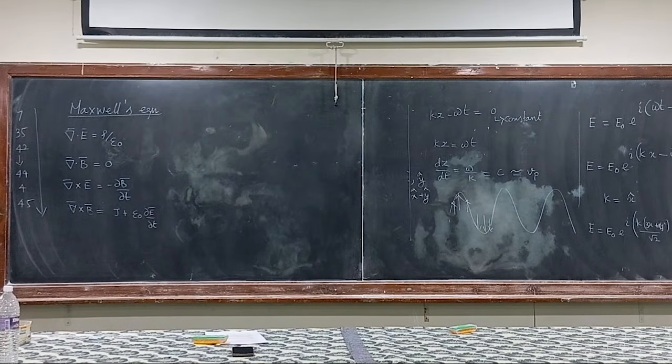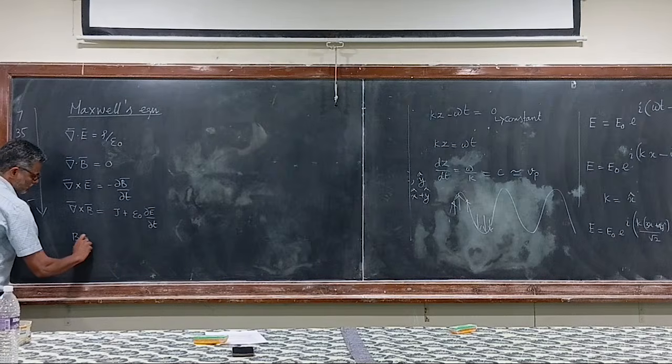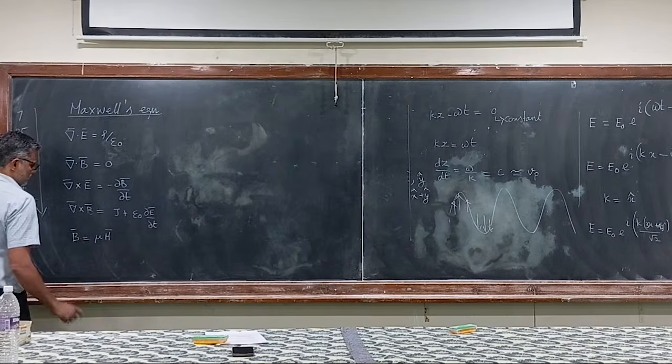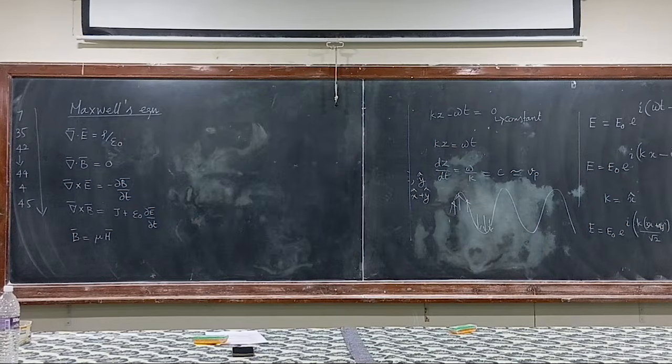Your D equals epsilon 0 E, and B equals mu 0 H. If you want to write in terms of H, your B and H are related as B equals mu times H. Is that correct?